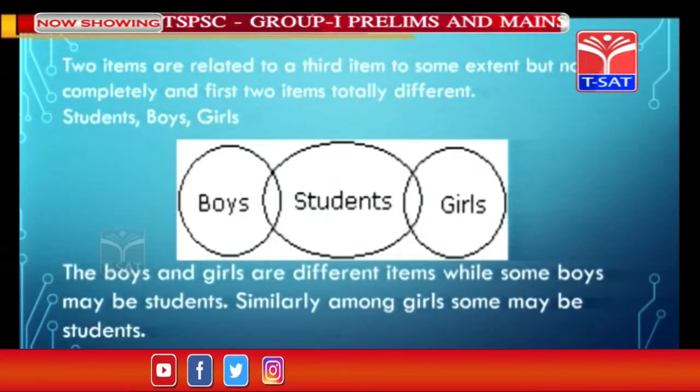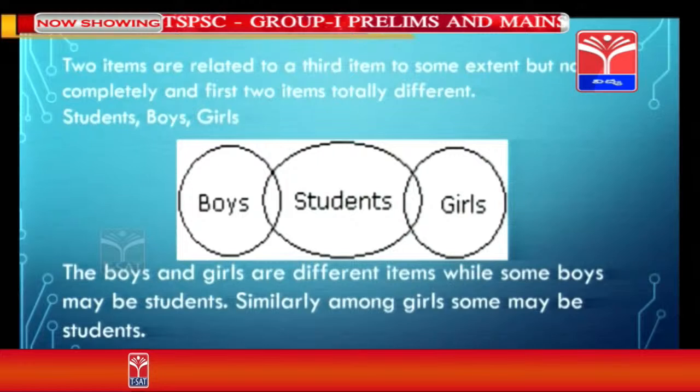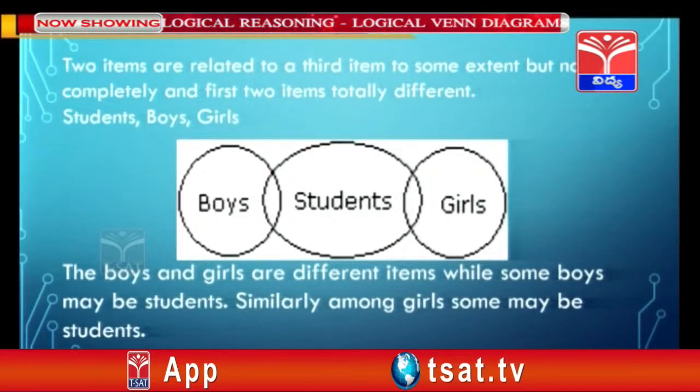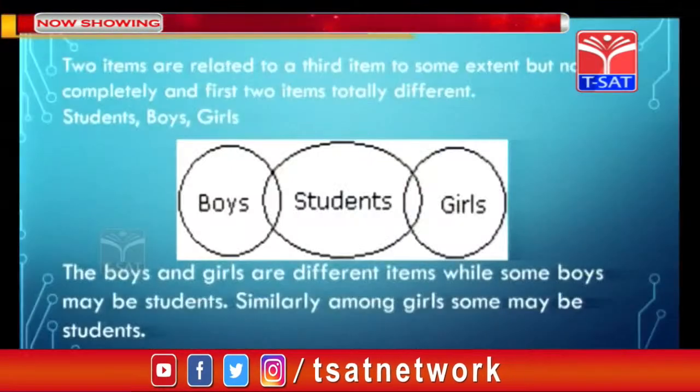Okay. Now, we will see another one. Two items are related to a third item to some extent, but not completely, and the first two items are totally different. For example, take students, boys, girls.